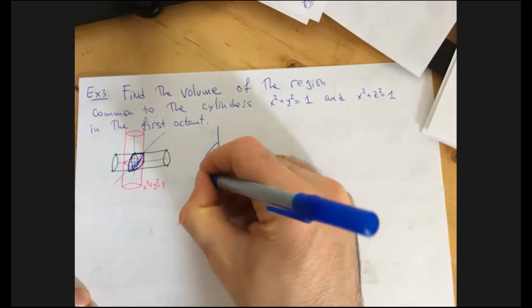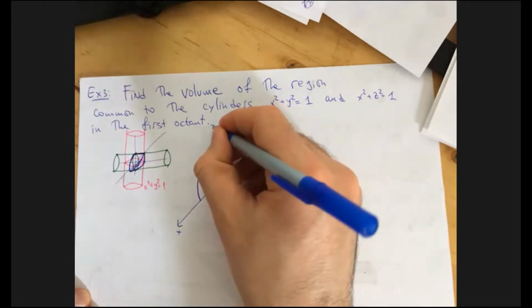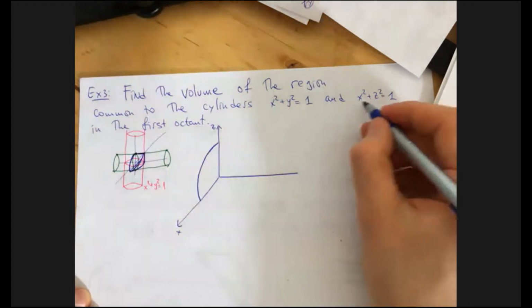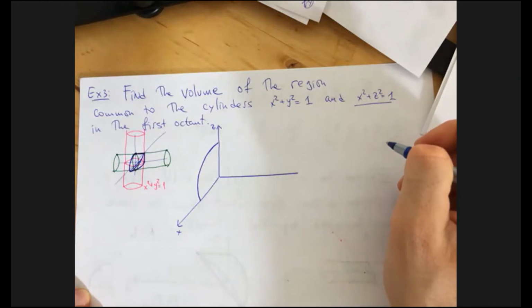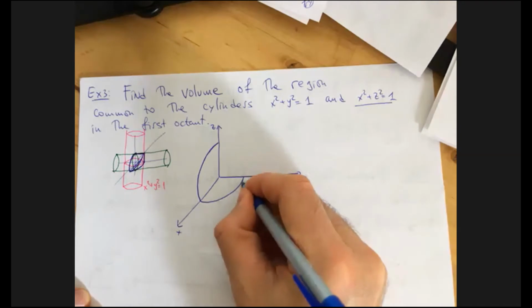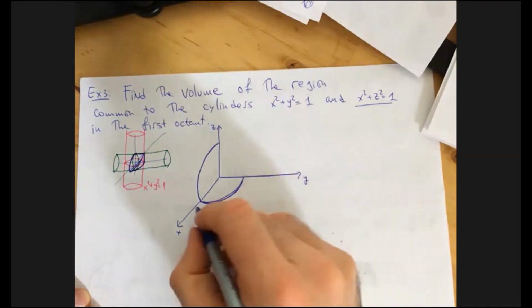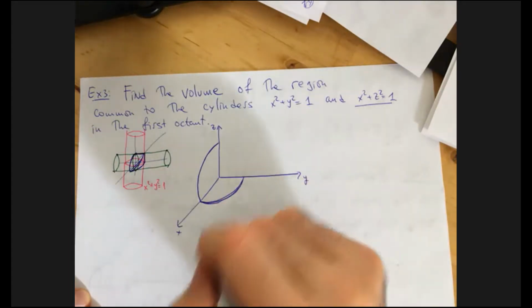This is the projection onto the xz plane of the cylinder x squared plus z squared is equal to 1. This is the projection of the cylinder x squared plus y squared is equal to 1 onto the xy plane, right?